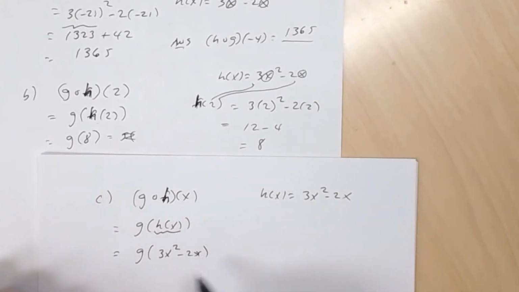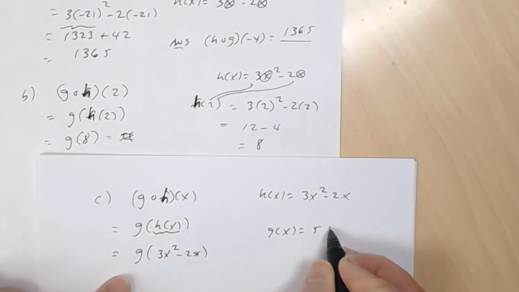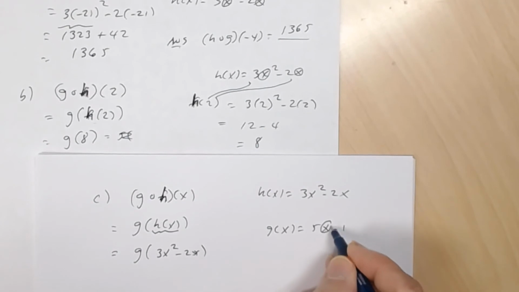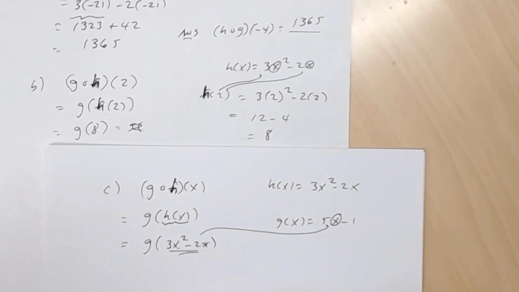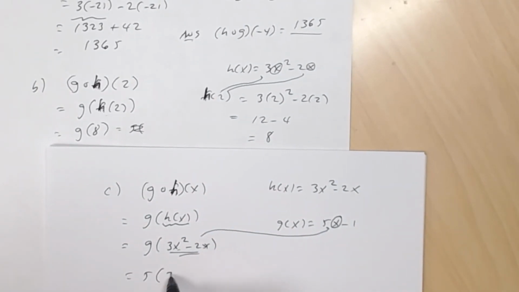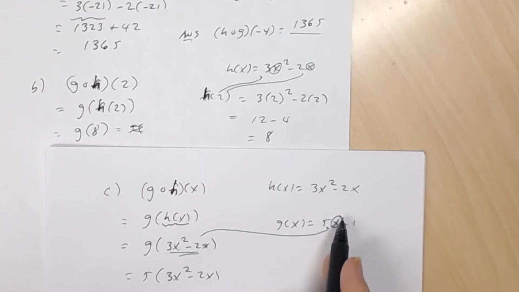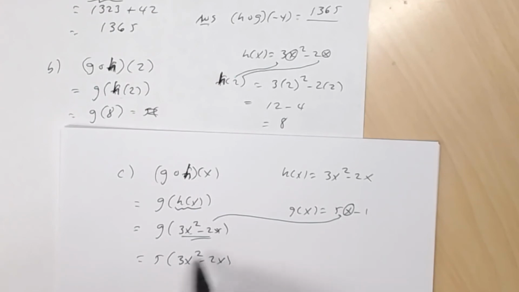So now remember what that means. That means I go to my function G, and wherever I see the variable x, I'm going to substitute this expression. So then I get 5 times 3x squared minus 2x, and then subtract 1.